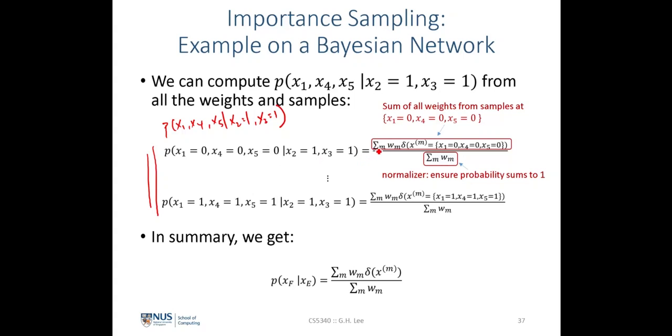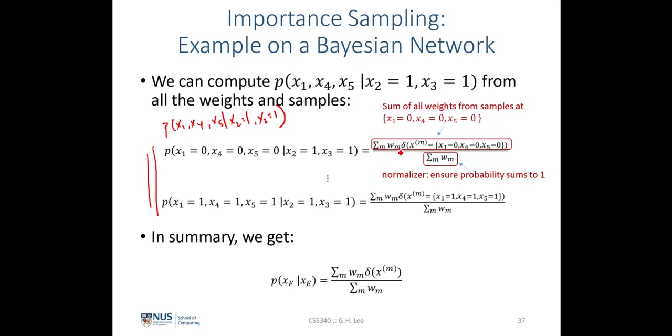That would be equal to the number of times that we observe the samples being drawn with the state of x1 equals 0, x4 equals 0 and x5 equals 0, multiplied by the importance weight of the respective sample that we have computed in the previous step, and we'll sum them all together.